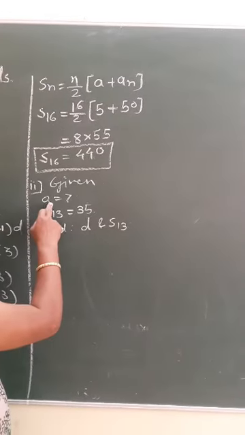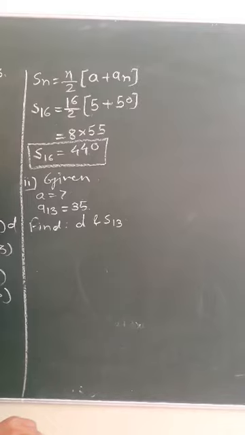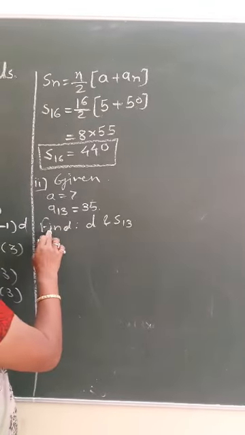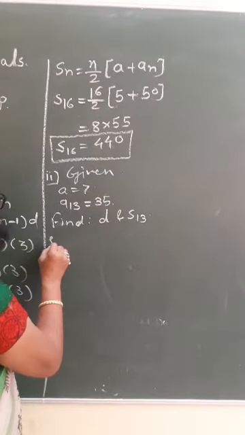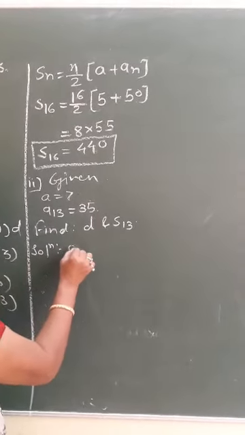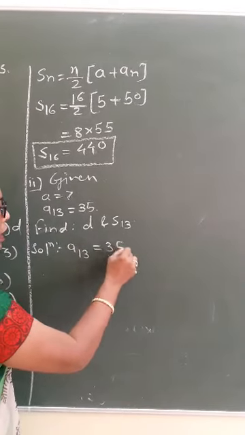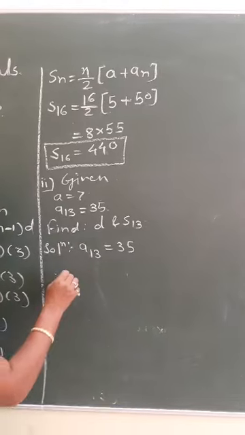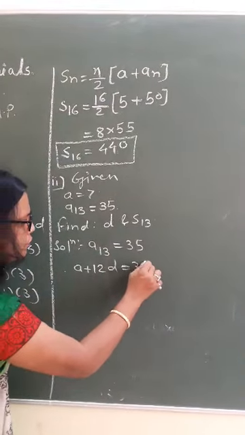In the second problem they have given first term 7 and a13 is equal to 35, and we have to find the value of d and S13. Here we have the A13 value, which is 35. What is the formula for a13? a plus 12d is equal to 35.